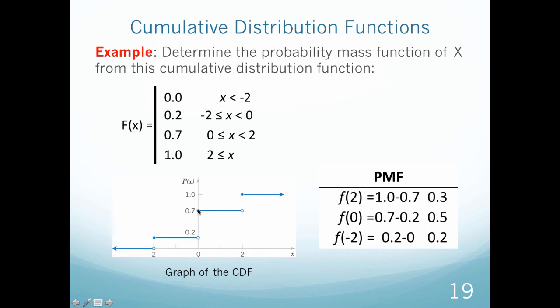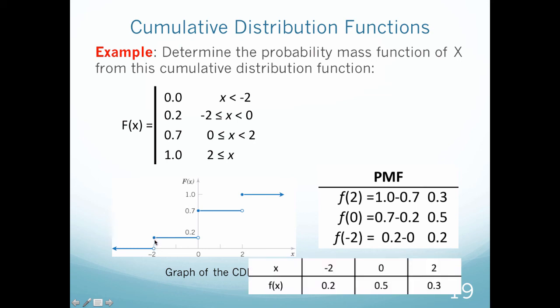The probability of x equaling 0, so notice I'm using lowercase f's this time because I'm coming up with the probability mass function or probability distribution function, is 0.5. The probability of x equaling -2 is going to be 0.2 because that's the difference there.